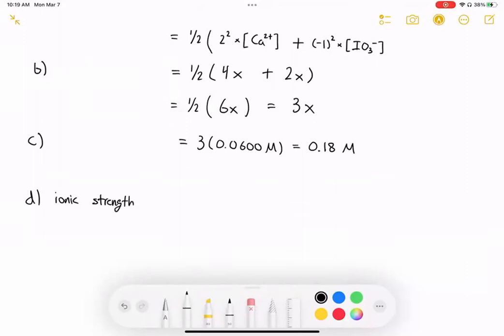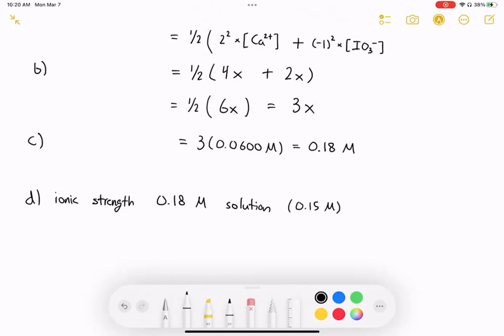So on our table, our ionic strength for a 0.18 molar solution. Now your table will give you values, but you need to choose the column it's closest to. So we're going to choose the column from 0.15 molar.